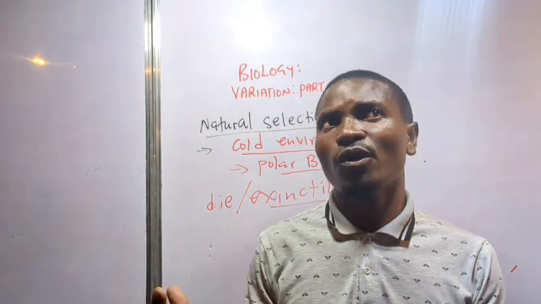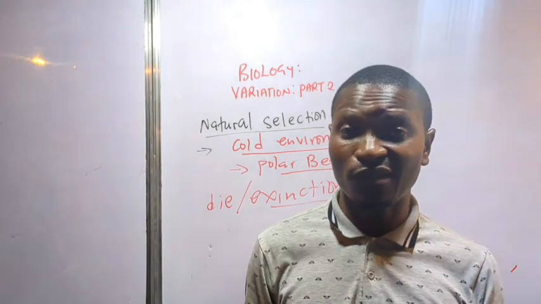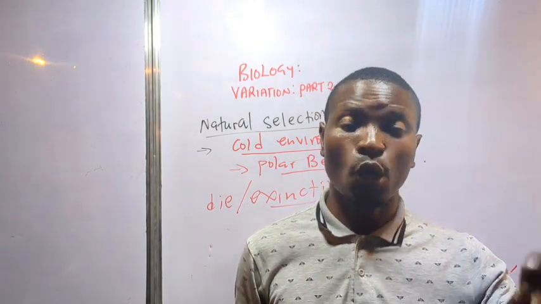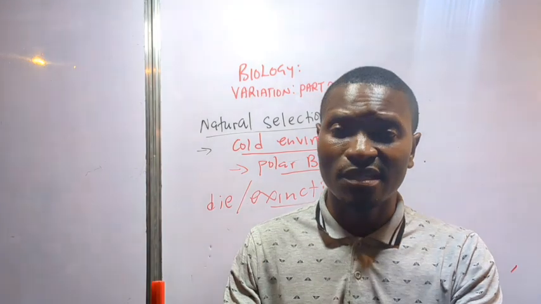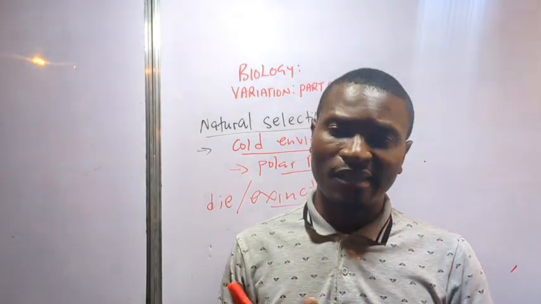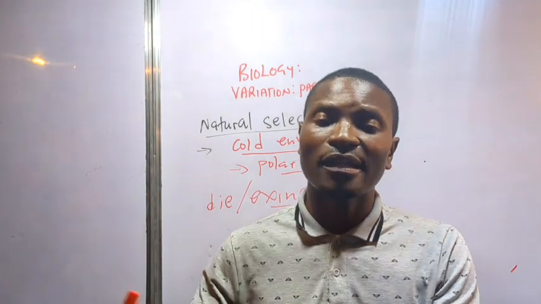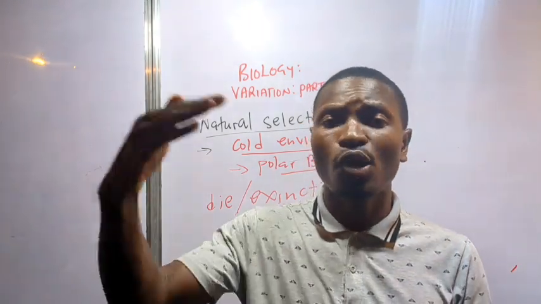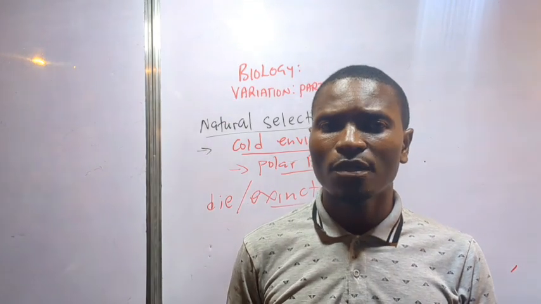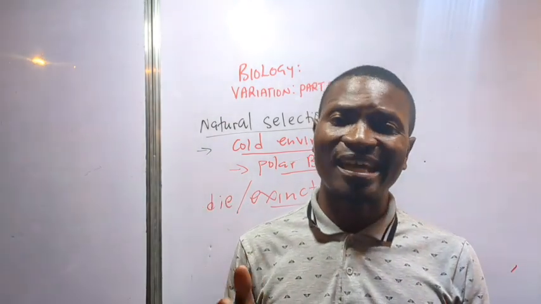And this is where you hear the term survival of the fittest. Only those organisms that are fit in that environment are going to survive, reproduce, interbreed, and produce new offspring that are going to live even longer or survive even better. So that is some of the basic fundamentals of what we call natural selection.